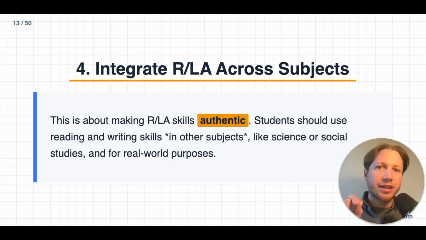So whether that's science, social studies, reading, language arts, or mathematics, this word authentic is important, right? So we can allow students to connect the world around them, as well as their world, with the skills that we're teaching.